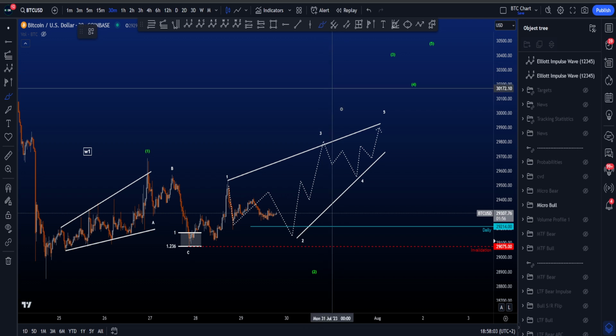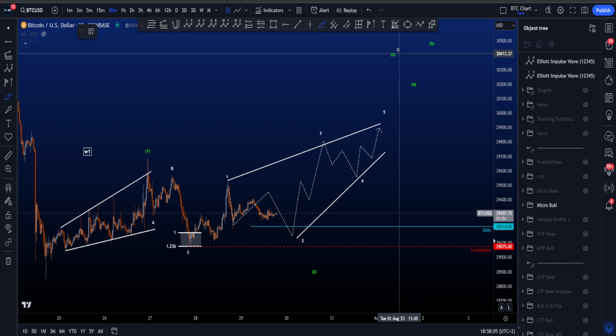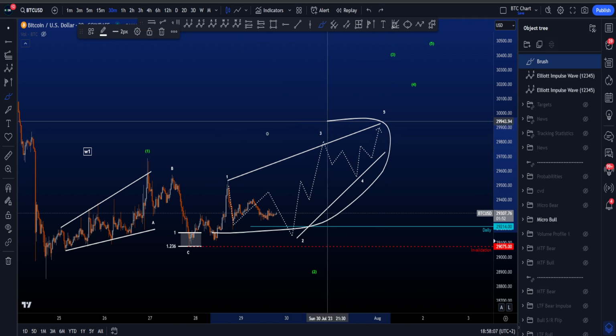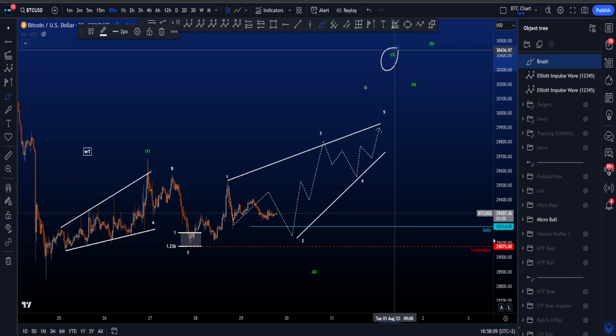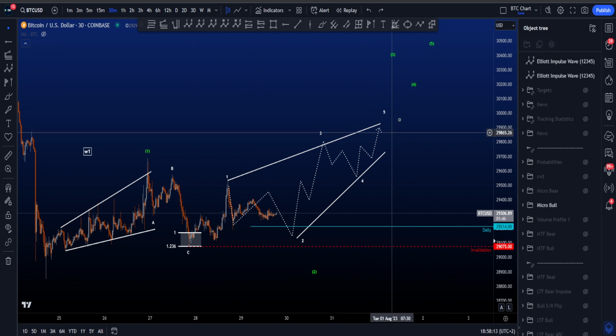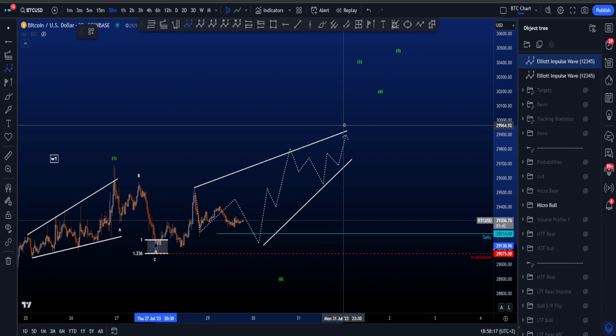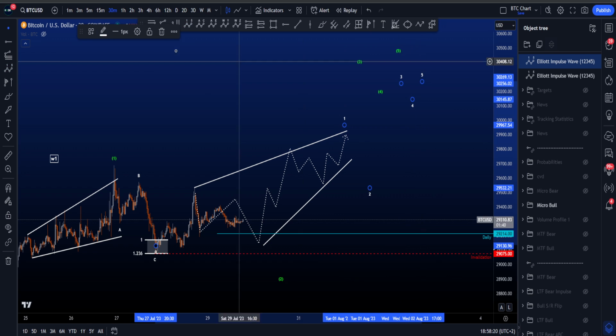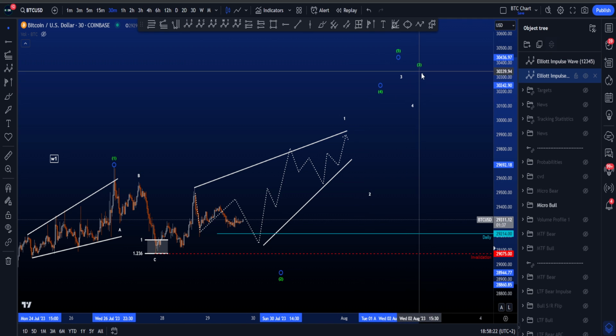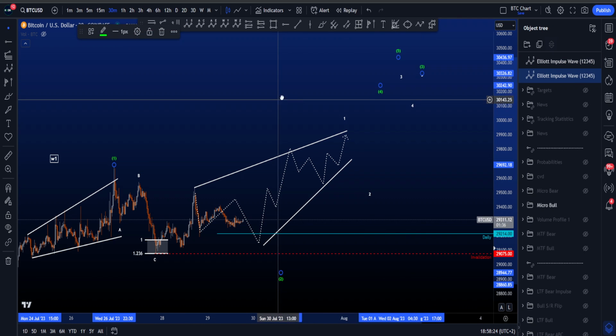The white count is a lower degree count than green, because we are now counting over here only the beginning of a wave 3. So this by itself is going to be a wave 1, because a diagonal to the upside is a leading diagonal. So this will be a wave 1, 2, and they expect 3, 4, and 5 to finish wave 3 in green, and they have 4 and 5 in green.